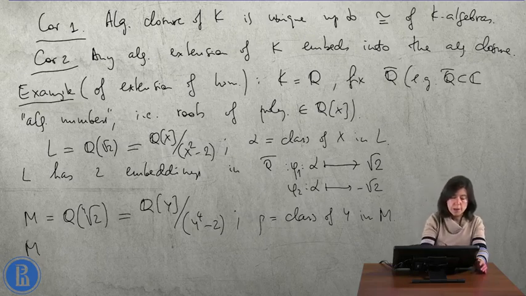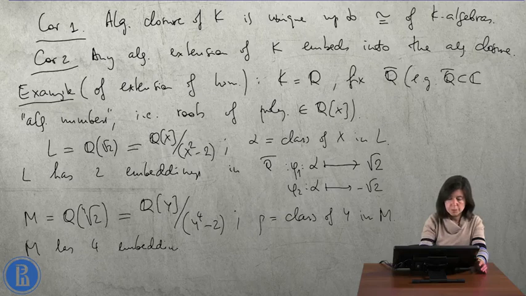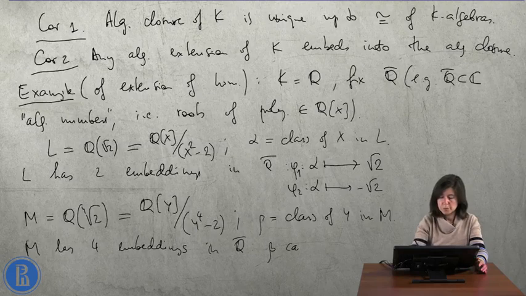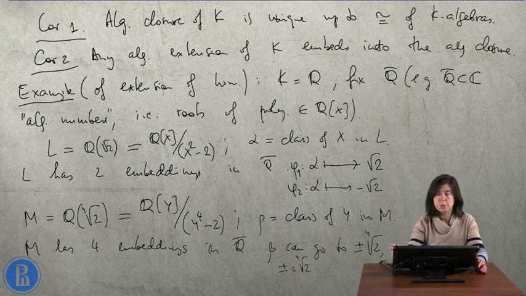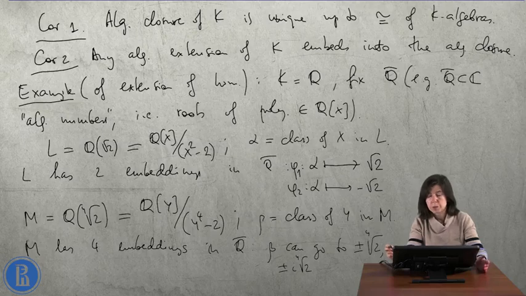So M has 4 embeddings in Q bar. So beta can go to plus or minus fourth root of 2, or plus or minus i fourth root of 2. Those are roots of our polynomial y to the power 4 minus 2.